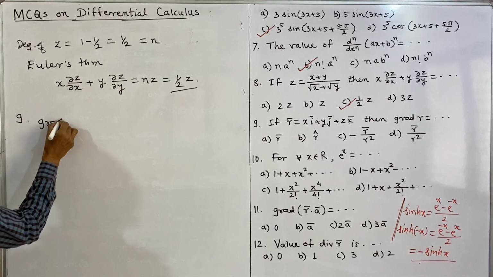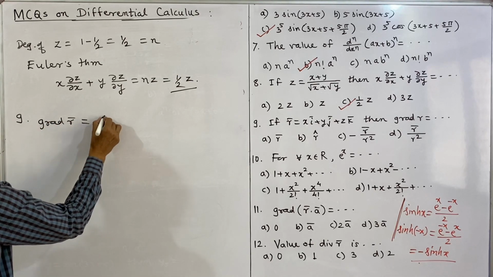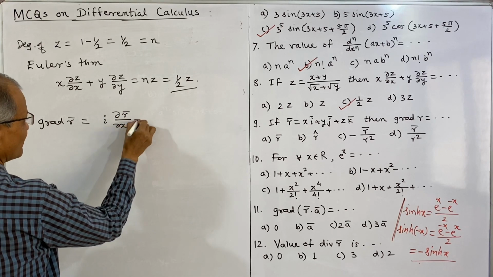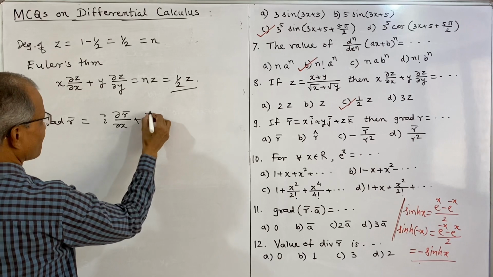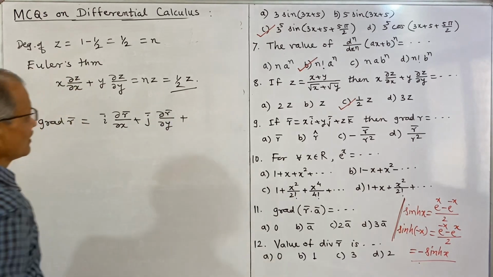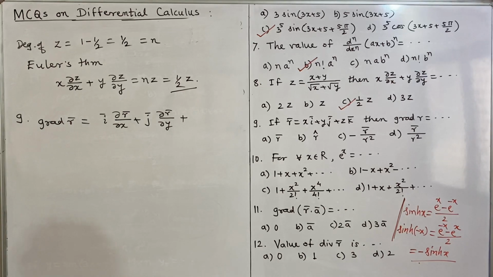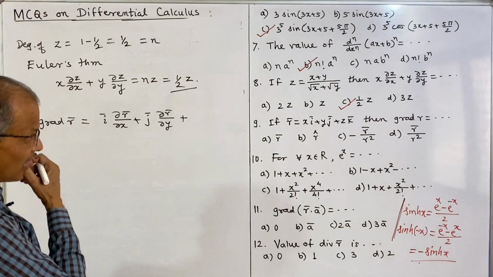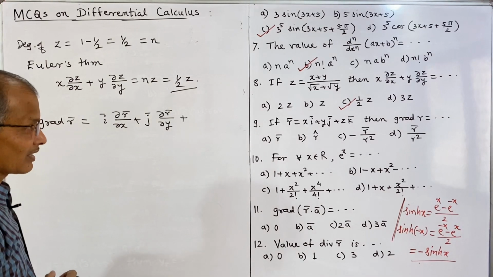Gradient of r is i dou r by dou x plus j dou r by dou y plus k dou r by dou z. So, gradient of r is not r bar, gradient of r is r.